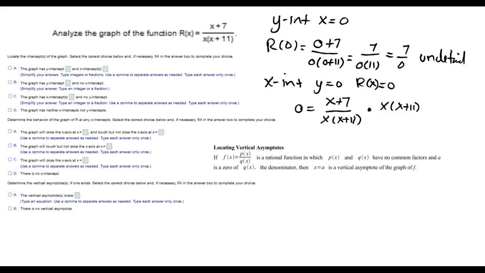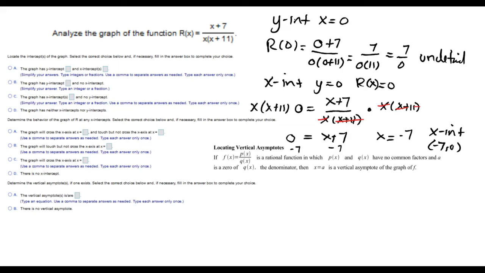I'm multiplying the right by x times (x plus 11), and the left by x times (x plus 11). On the right side, the x's will cancel, and the x plus 11's cancel, leaving me with x plus 7. And on the left, 0 times anything is 0. And so then I'm able to subtract 7 on both sides to get x equals negative 7. So we have an x-intercept of (negative 7, 0).